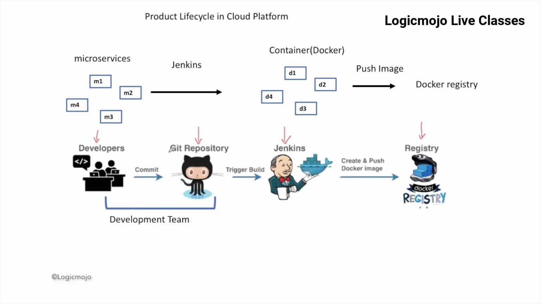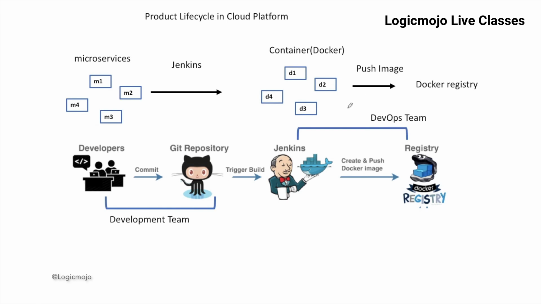Mostly in the industry, this part, that is the development of the applications, or you can say multiple microservices, and pushing those changes into the Git repositories, is done by the development team. And this part, that is writing all the scripts in Jenkins and correspondingly pushing the image into the Docker registry, is taken care of by the DevOps team.